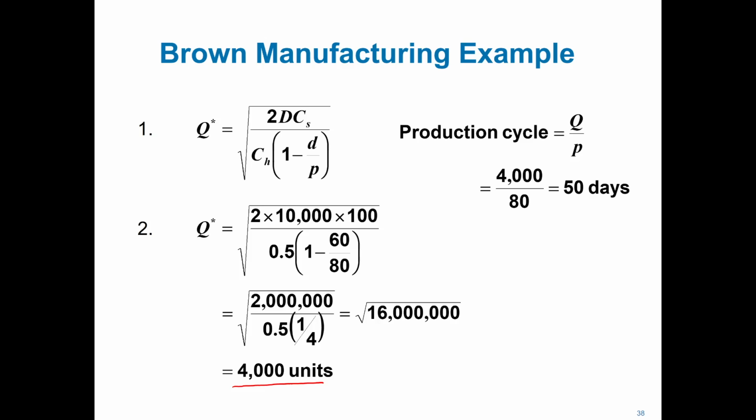And the production cycle will be T is equal to Q over P, right? So this is 50 days of production going on, and then we are left with some few days where just the daily demand takes over, and we stop the production, and then another cycle will start.